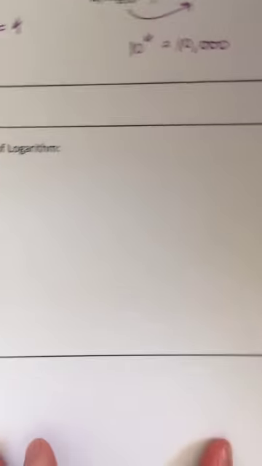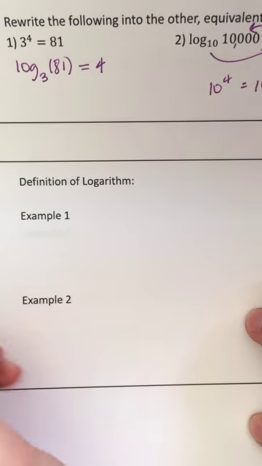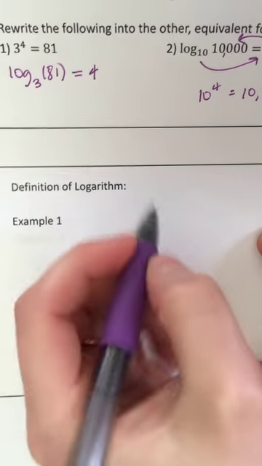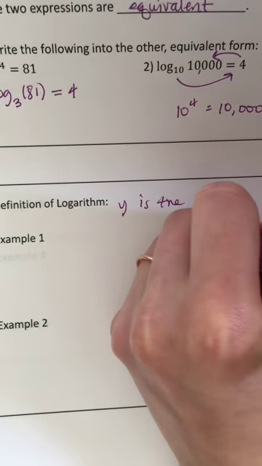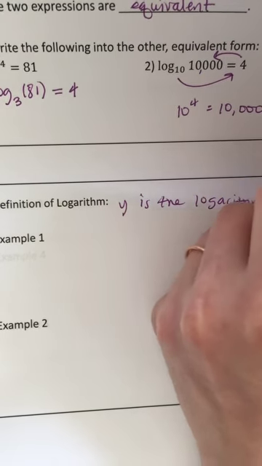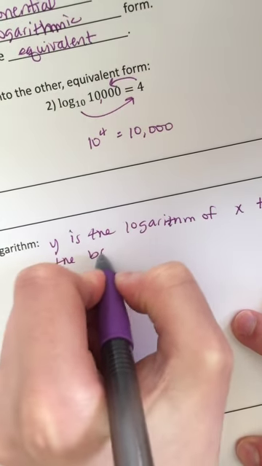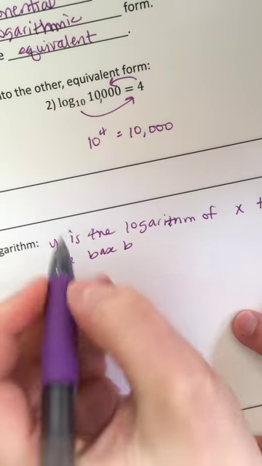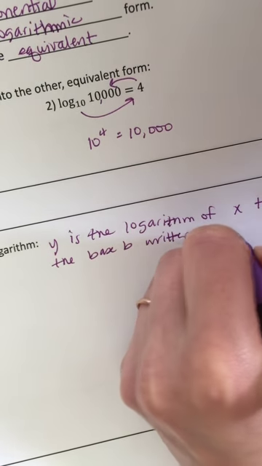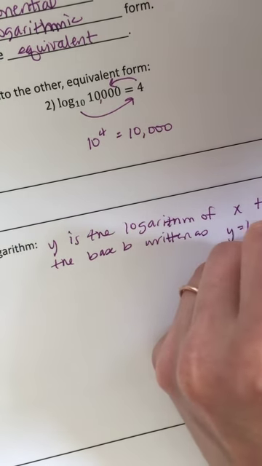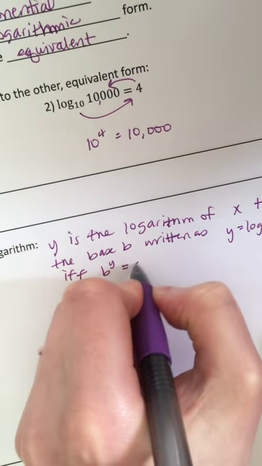Definition of a logarithm is in our book. So, definition of a logarithm: y is the logarithm of x to the base b, written as y equals log base b of x if and only if b to the y equals x.